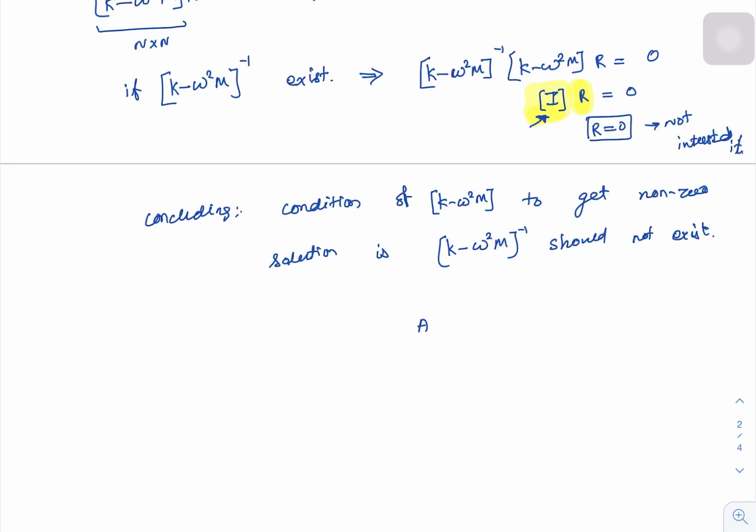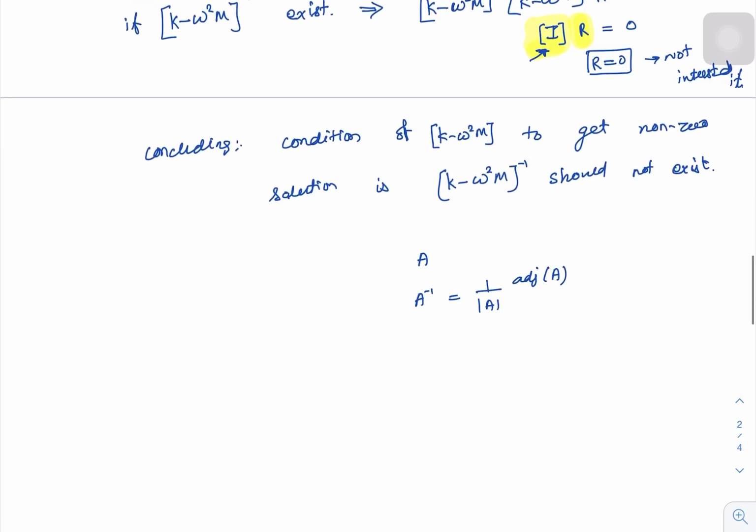If A is a matrix and you want to find A inverse, the equation is 1 by modulus of A, into adjoint of A. Therefore if this modulus, the determinant, equals 0, then A inverse is not possible.